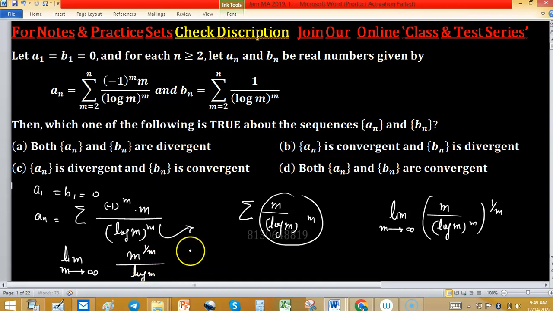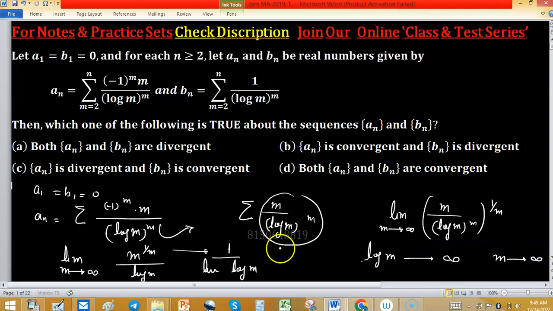The numerator part goes to 1, and the limit is 1 upon the limit of log m, and we know that log m goes to infinity as m tends to infinity. So this value is equal to 0, meaning L is less than 1.